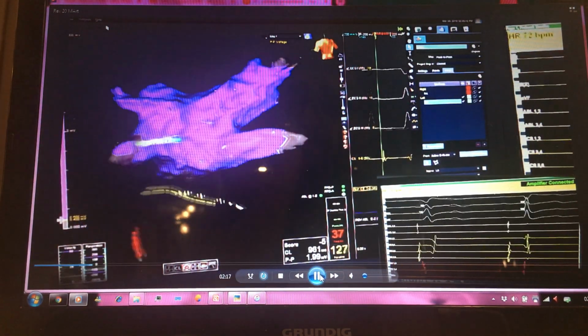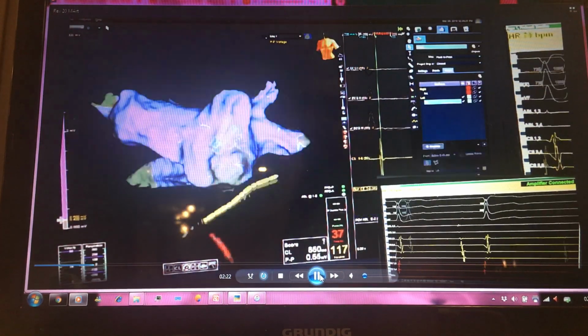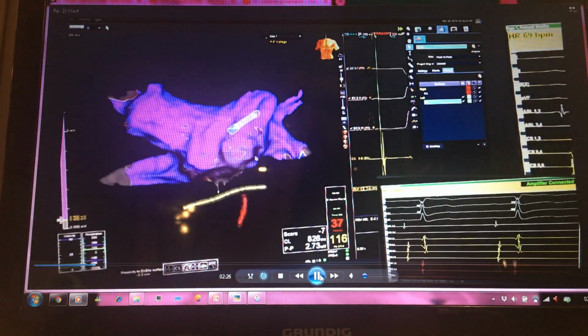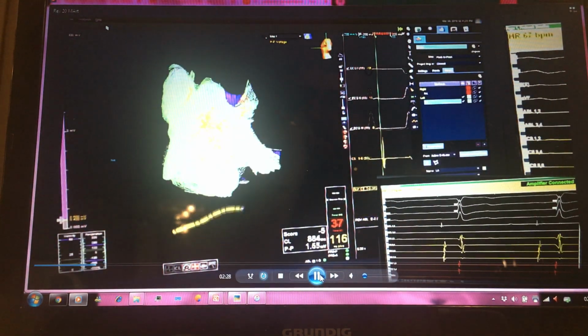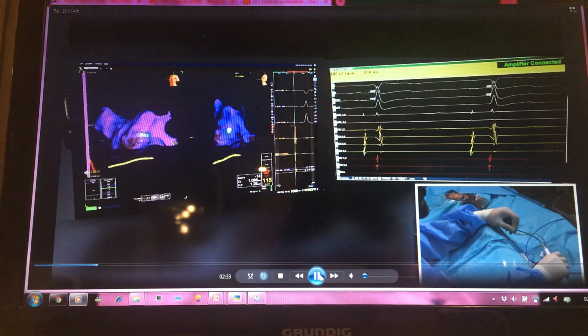Yes, we are going on with the mapping with the RF ablation catheter. I think we completed the left atrial mapping too.